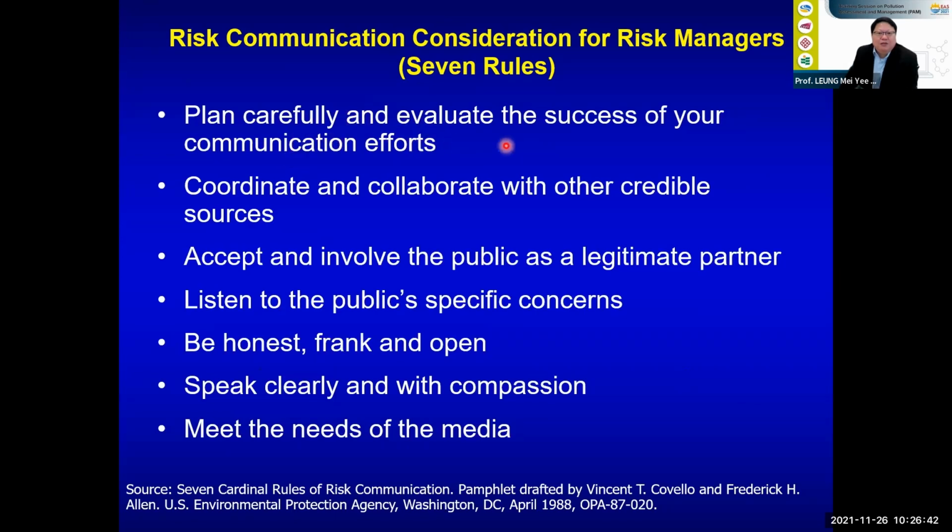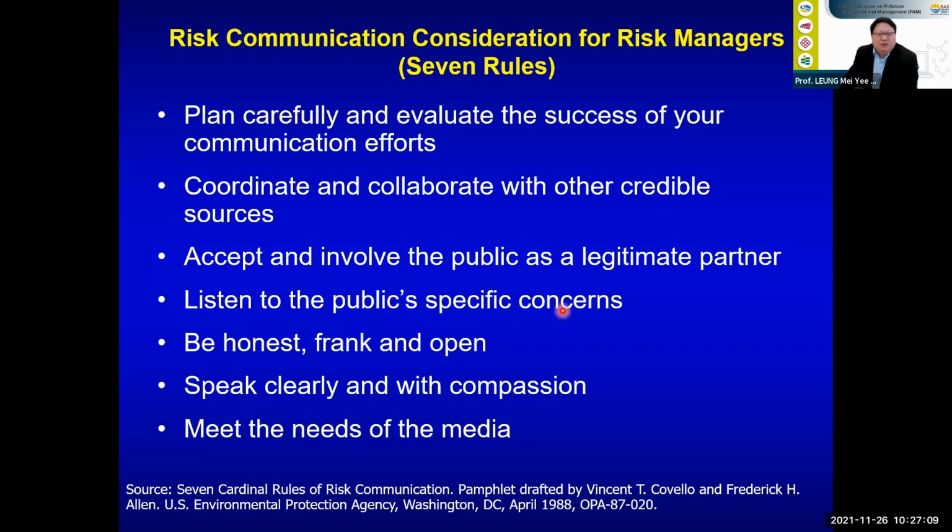Carefully evaluate the success of our communication effort. We keep evaluating, improving. Coordinate and collaborate with credible sources like professors in toxicology and food safety, and also medical doctors. Accept and involve the public as our partner. We work together, we listen to them and clear their concern.